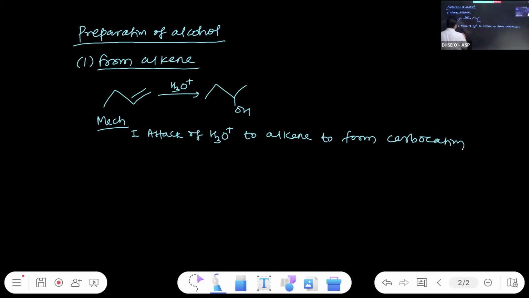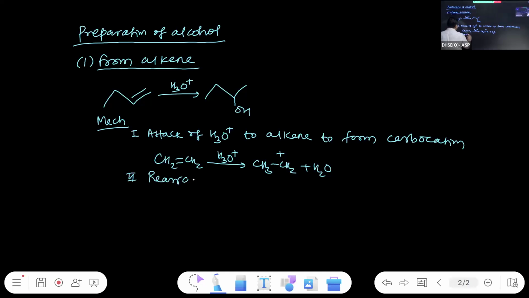Then we will see. So it will be this first step. Second, the carbocation formed can be rearranged to form a more stable carbocation.